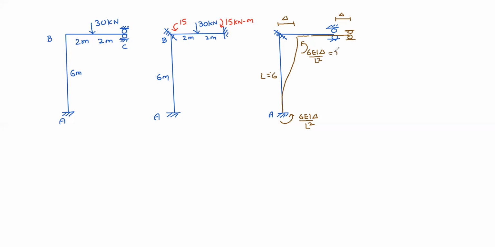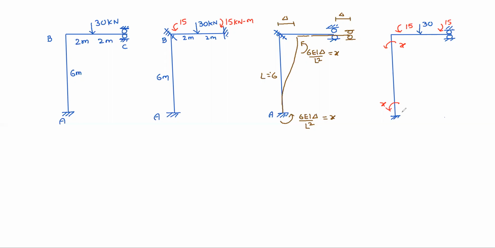Let us assume this value is X. Now the net moments on this structure are like this: 15, 15, and here X, X.